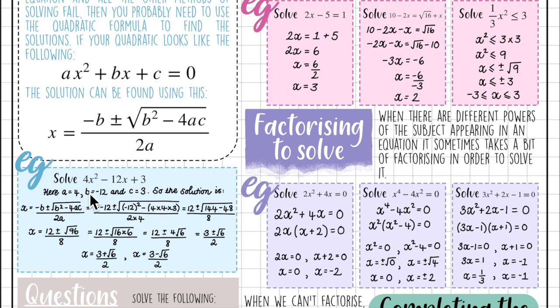And what you do with this a, b and c that you found is you just plug it into this formula here and you'll get to a solution. And the solutions to this quadratic is x is equal to 3 plus root 6 divided by 2 and x is equal to 3 minus root 6 divided by 2.